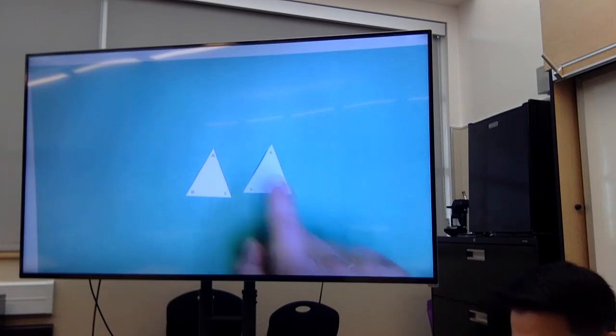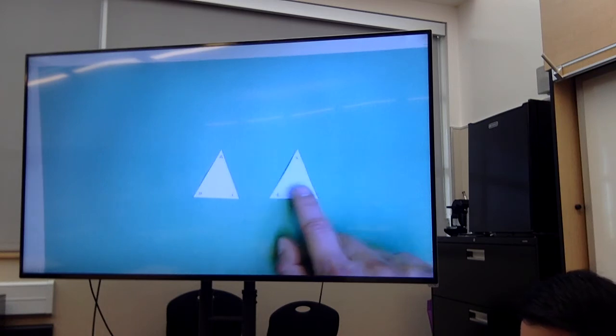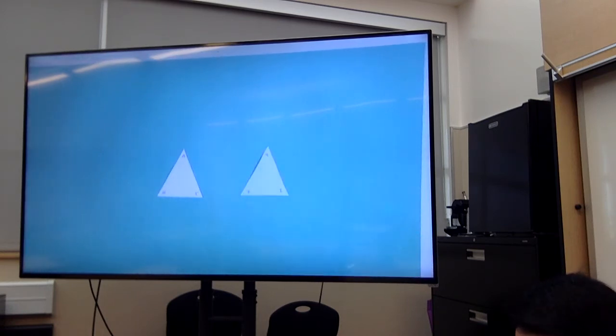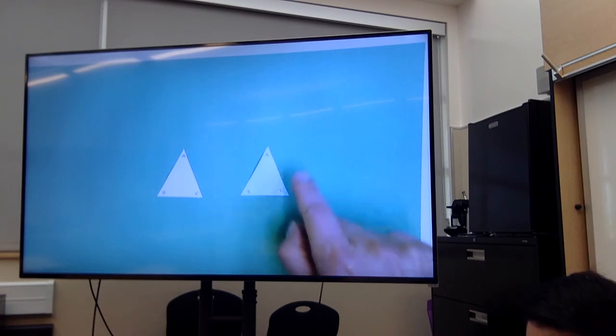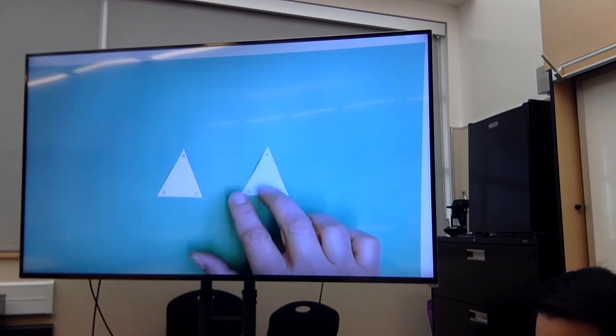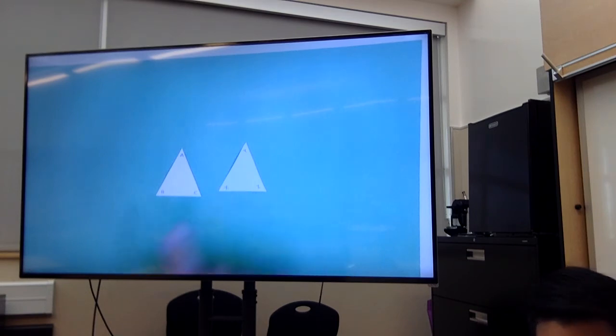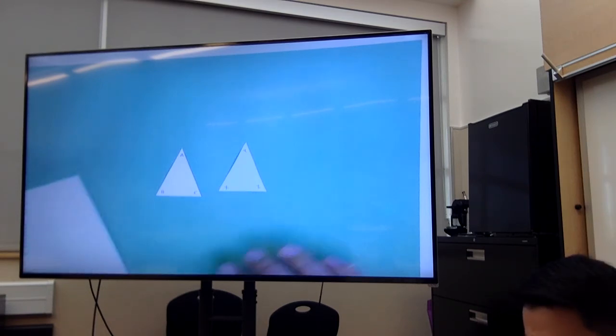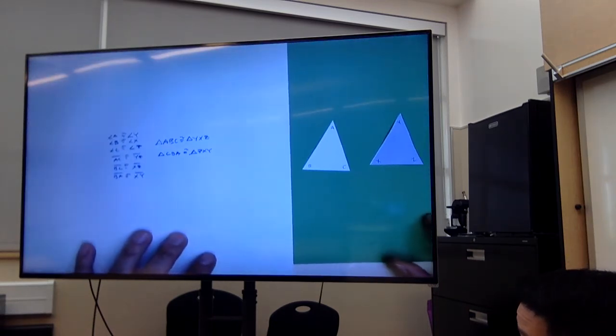So we know lots of things because in one triangle we have 3 angles and 3 sides. So it has 6 parts. If these two triangles are congruent, then we know that 6 congruence statements are true, or 6 parts are congruent. Right? And here they are.